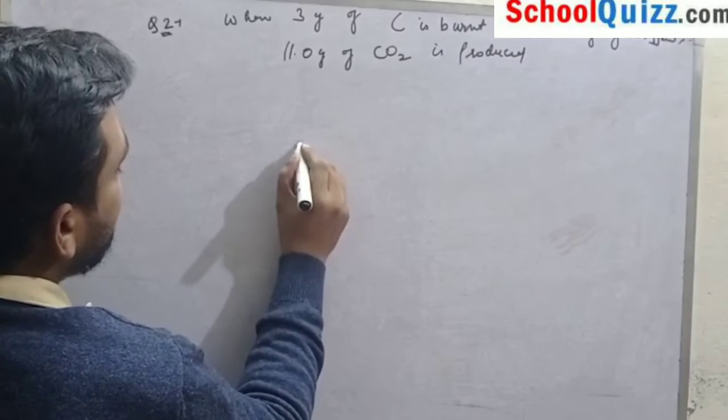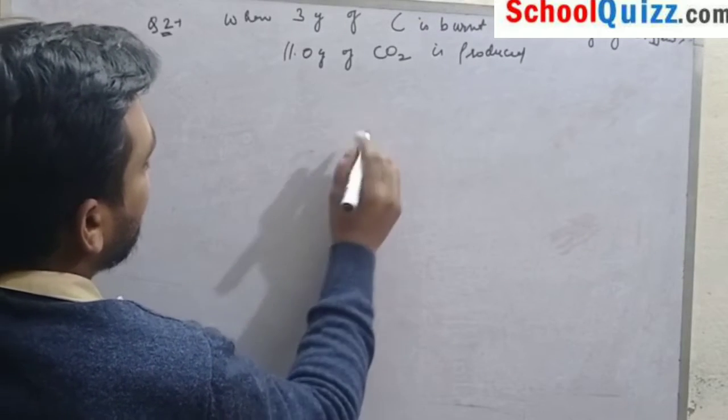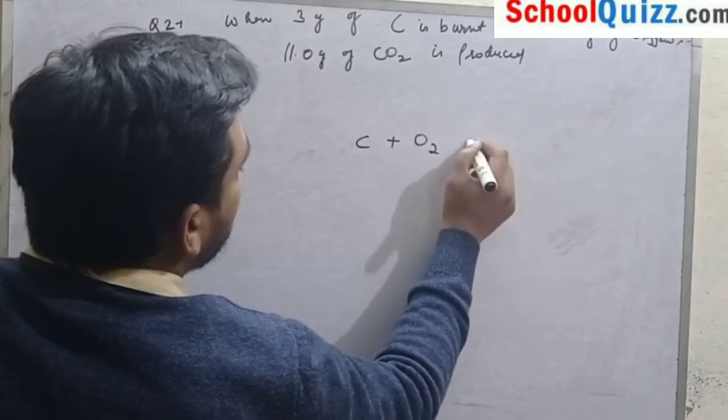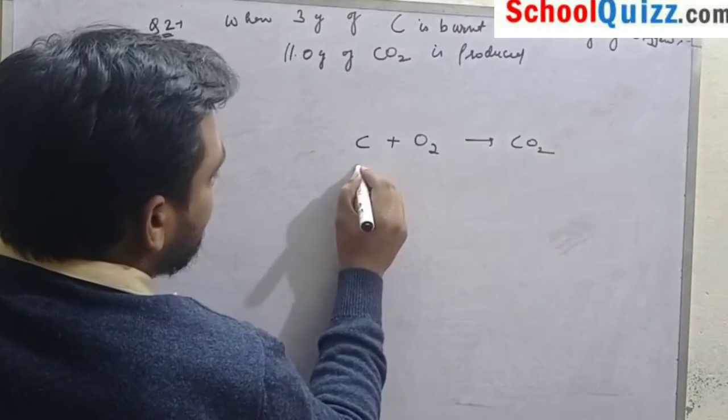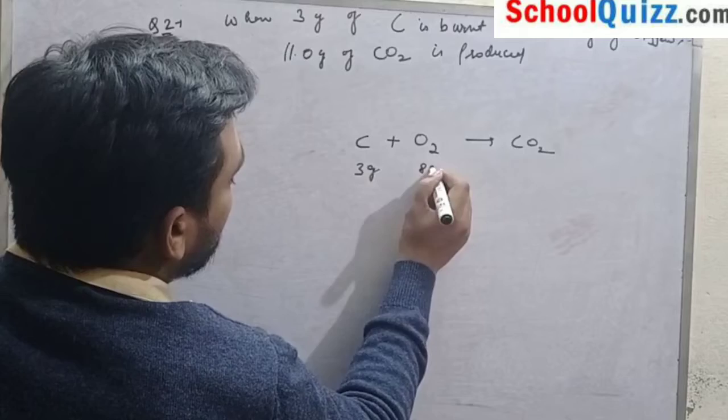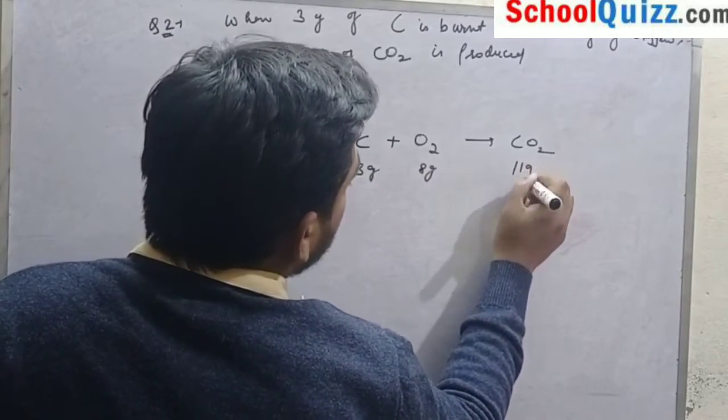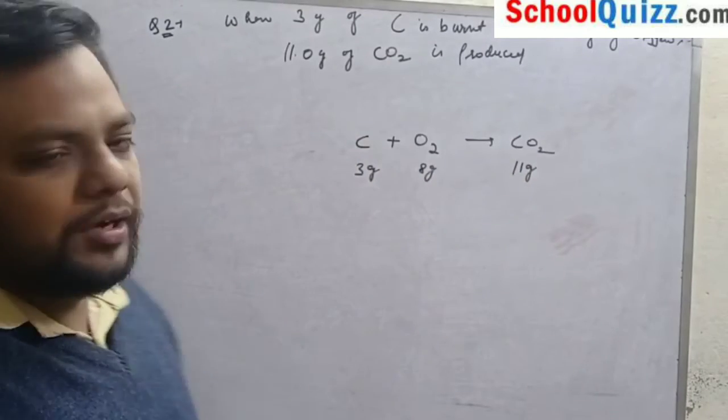The question says carbon plus oxygen will give CO2. When 3 gram of this and 8 gram of this react, it will produce 11 gram of carbon dioxide.